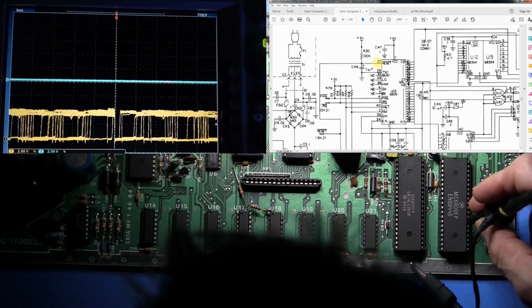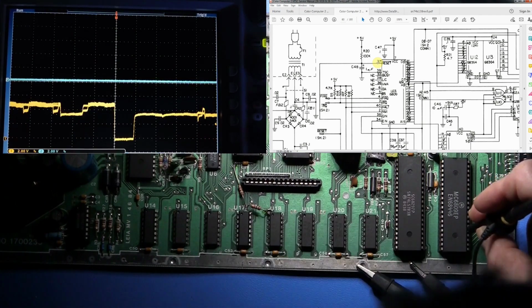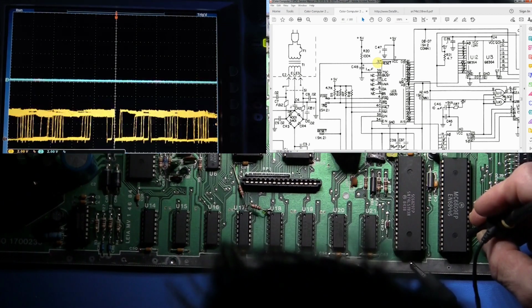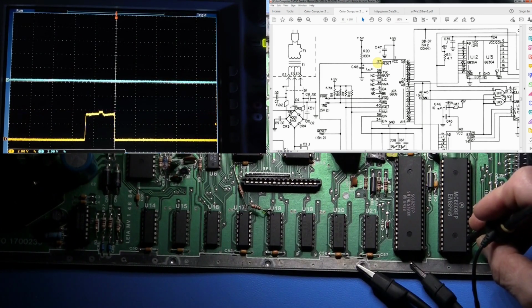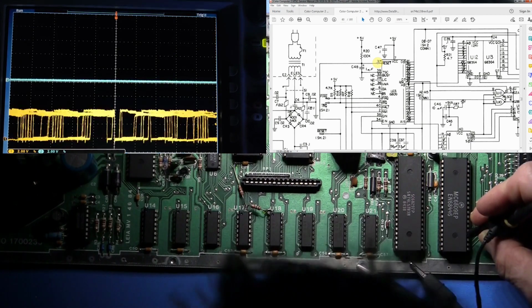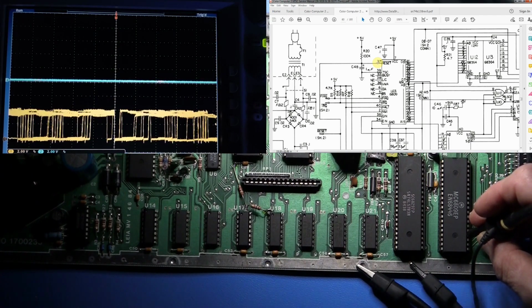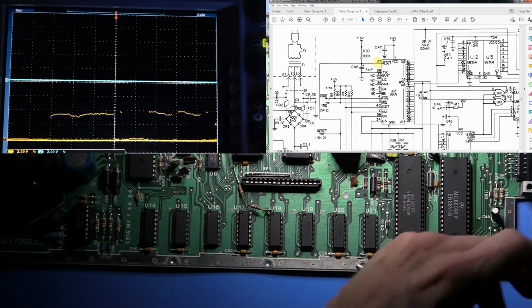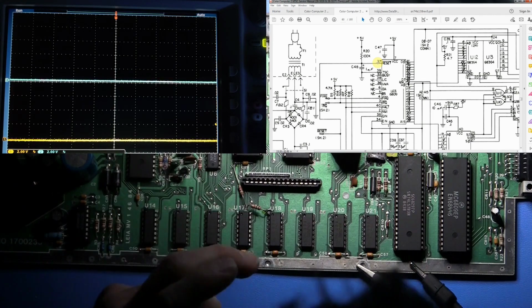Okay, I wasn't on it solidly. 27, 26, 25, 24, and 23. Oh, 23 is not data. Data ended at 24. That's data bit 7. Data pins look very much alive, so that's good. Looks like the 6809 is at least trying to work correctly.